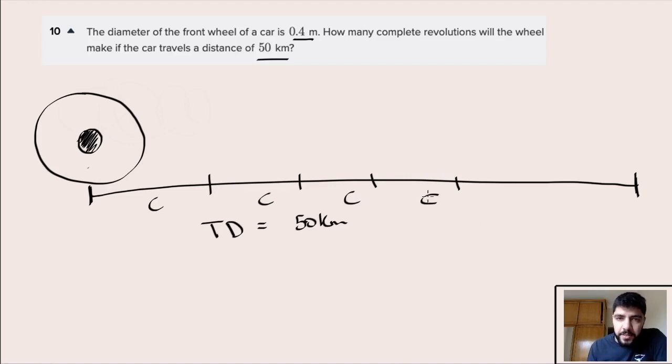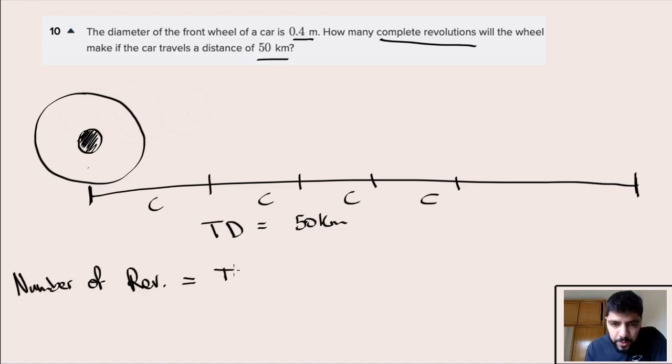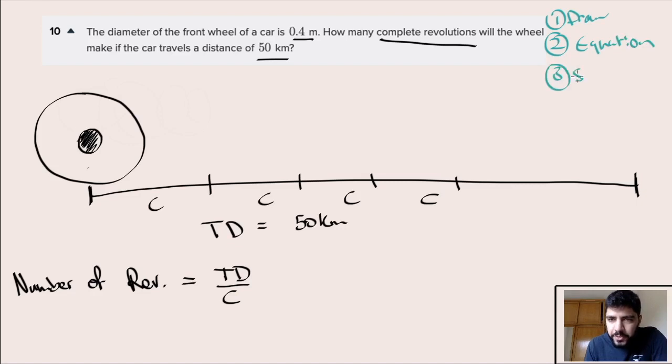So to find how many revolutions we made, we have to say number is equal to whatever the total distance is divided by C. Okay? And let me give you an example here. So we made a drawing, right? We made an equation. Now we're going to use a new strategy, which is simplify.